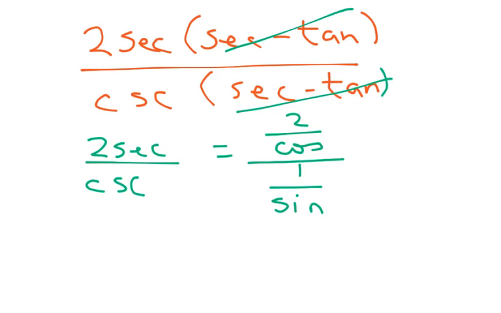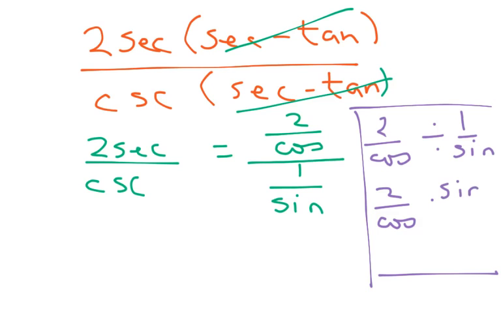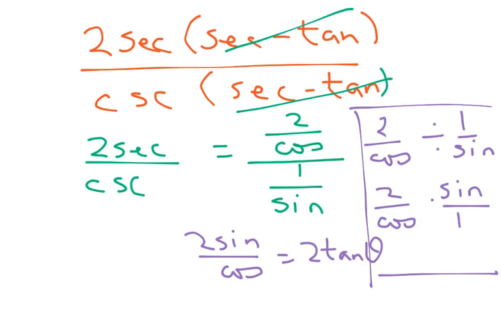And if you do that little 4th grade math again, 2 over cosine divided by 1 over sine is the same as 2 over cosine times sine over 1, which gives you 2 sine over cosine, which gives you 2 tan of theta, which matches up.